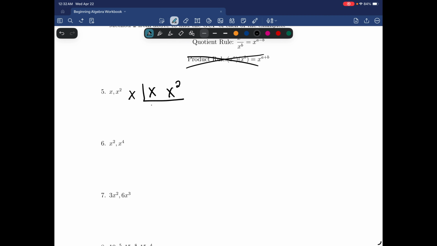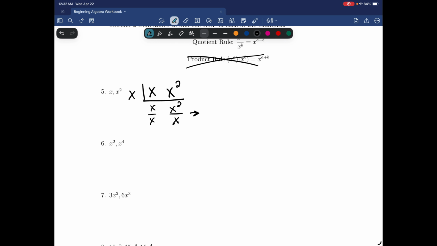I'm going to actually write out what I'm dividing so that it's more clear, because now that we're dealing with variables, it can be less intuitive. So here we're going to have x divided by x, and then here we're going to do x squared divided by x.